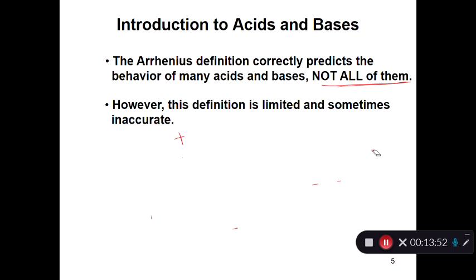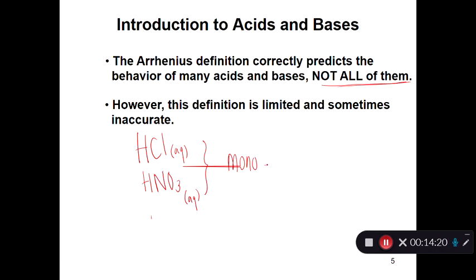Before moving forward, I'm going to talk about some definitions we may consider for acids. Pay attention. If we have acids like HCl and HNO3, assume they are aqueous. These two, I call monoprotic acids. Protic means we are talking about protons. Mono means they have only 1 hydrogen.